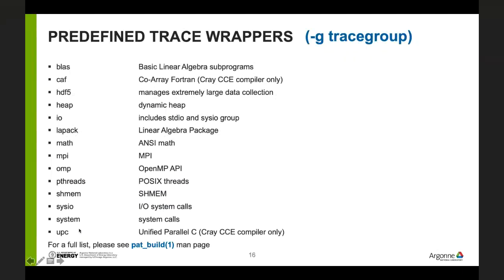And this is not the whole list. For example, if your application heavily uses Apache, you may have an Apache group. For more groups, you can see the manual page of pat_build. It provides all the features.